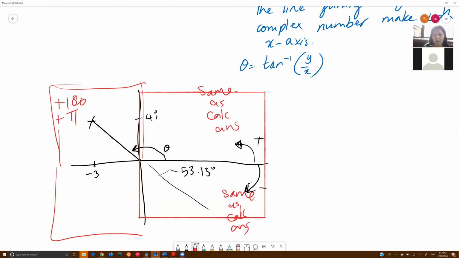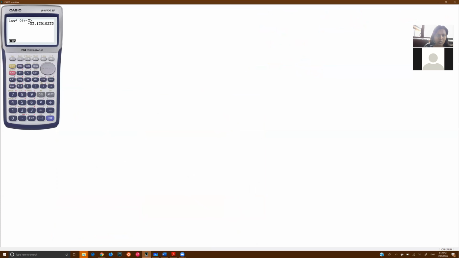So now let's look at one where it's negative 3 and negative 4i. Let's look at our calculator and see what it says.